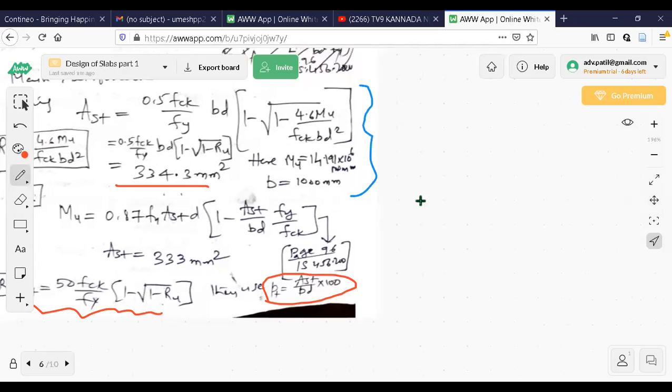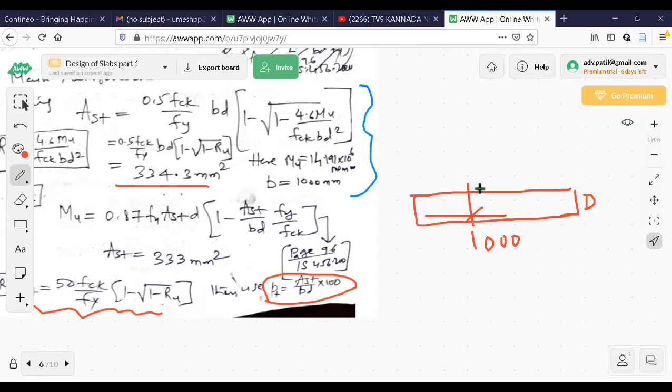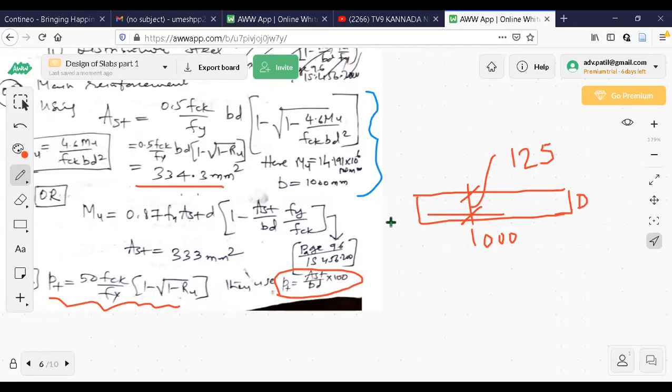I'll show you this diagram here. Imaginary beam only like this. B is 1000, that's 1 meter. This is capital D or small d, whichever is required in the design. Usually small d is taken, which is 125. Now observe this one. I'm going to find out Mu by bd square.